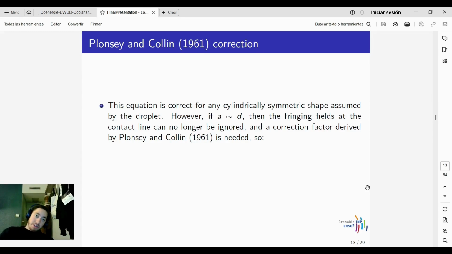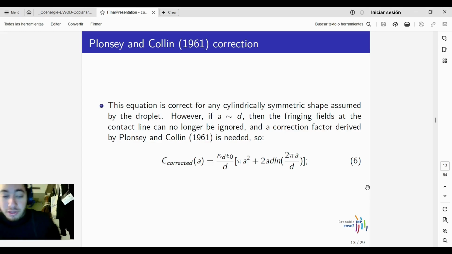So in this case, a correction factor might be included. The author in the article introduces the correction factor of the capacitance equation, citing the research of Plumsey and Collin. So we got equation 6, which is the corrected equation of the capacitance as a function again of the horizontal deformation.